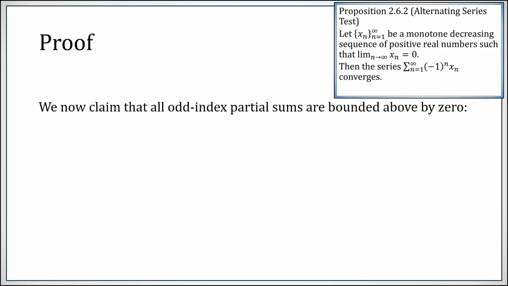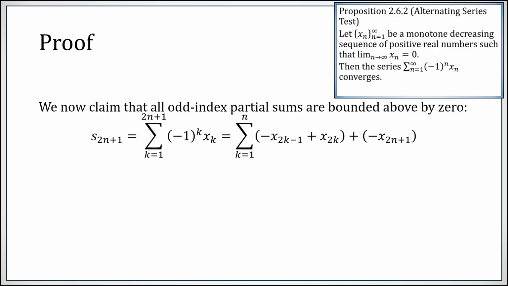We're now going to claim that they are bounded above, specifically by 0. So the odd index partial sum, given by this form here, we can write, instead of going from index 1 to 2n plus 1, we can specifically take -1 times odd index plus +1 times even index. Now k has to go from 1 to n.